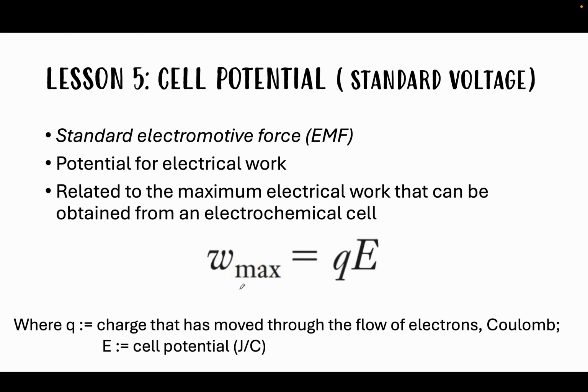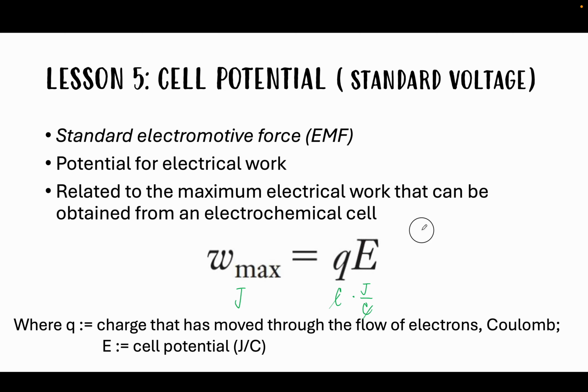The unit for maximum work, since work in SI is in joules, is equal to the product of the charge that moves through the flow of electrons, because remember, redox is the transfer of electrons, and charge is in units of coulomb. Since it is a product of charge and cell potential, we multiply by joule per coulomb, so the coulomb cancels out, leaving joule.